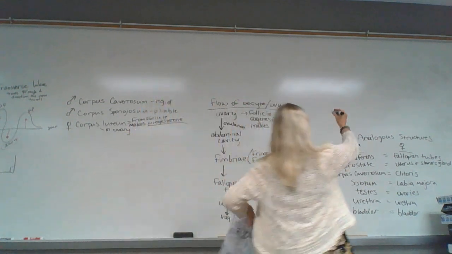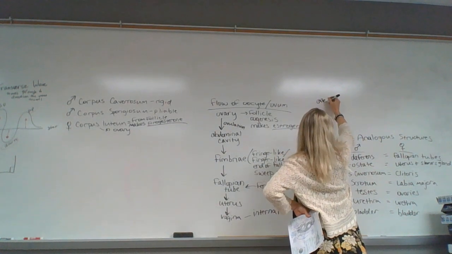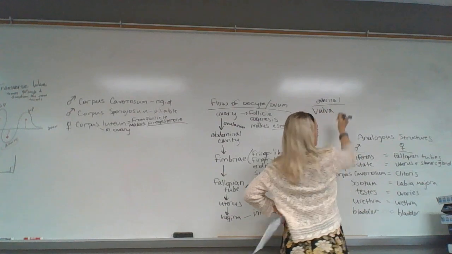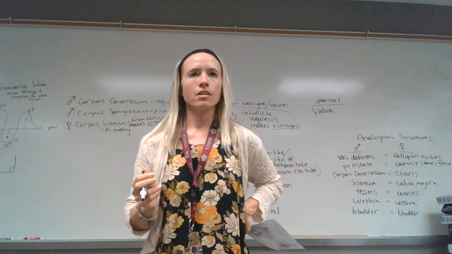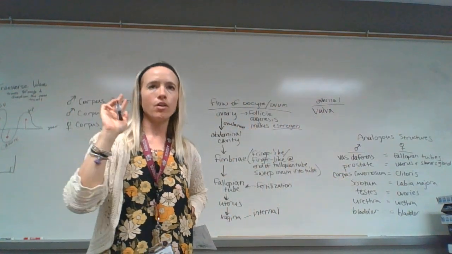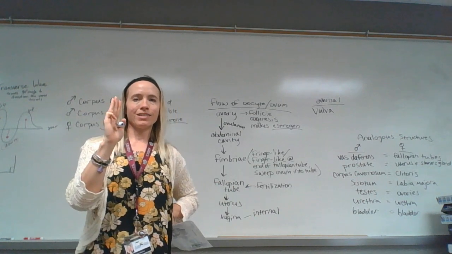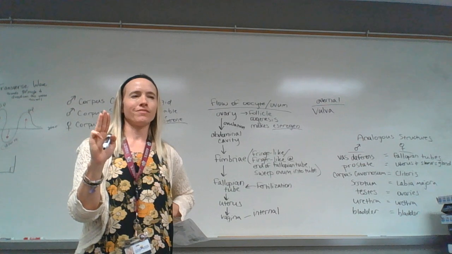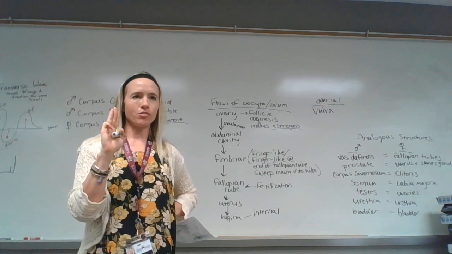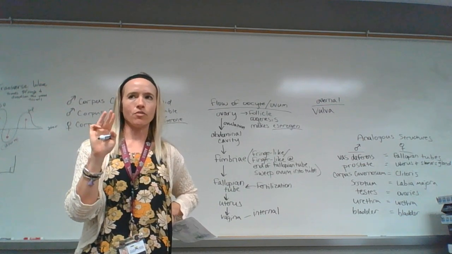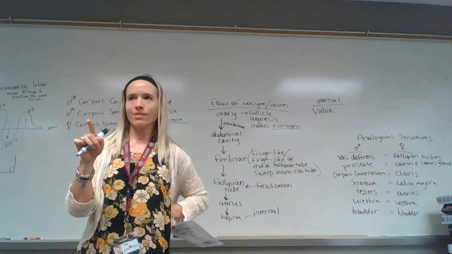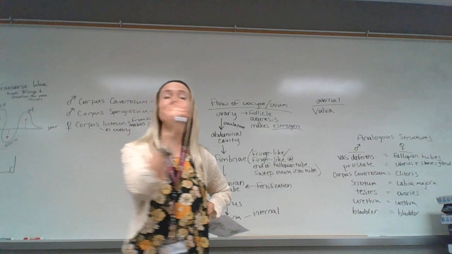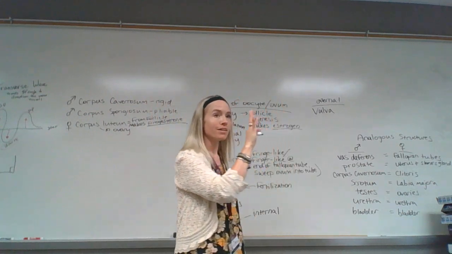External is called the vulva. And the vulva is made of 3 things. Please don't say vagina. The vagina is not external. What are the three external structures that comprise the vulva? The labia is good. And then one more?